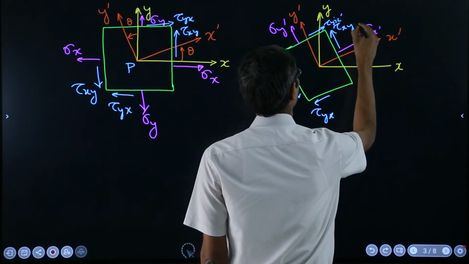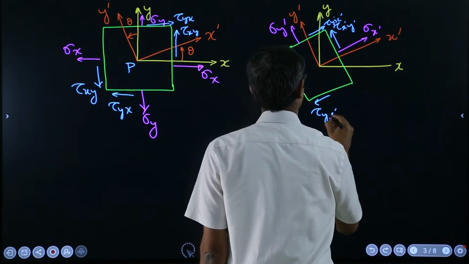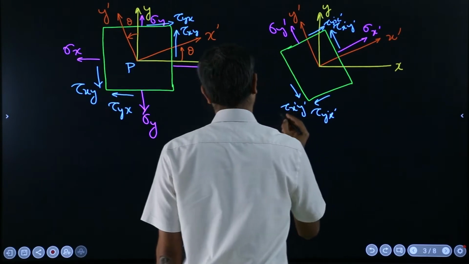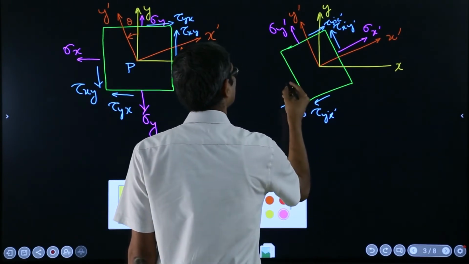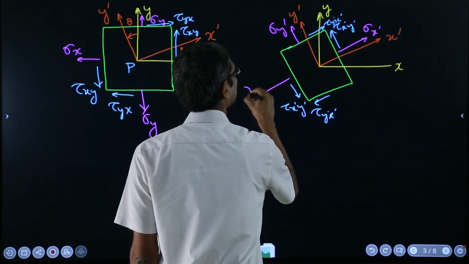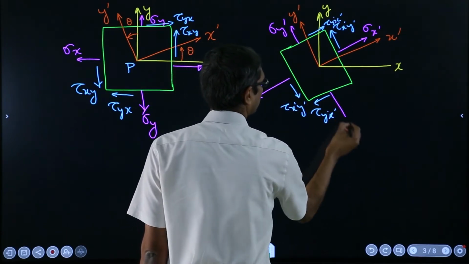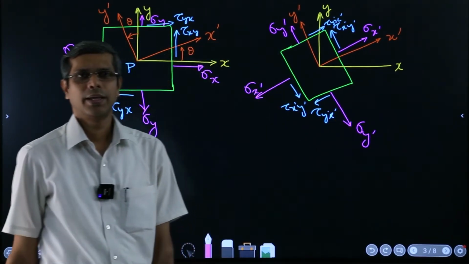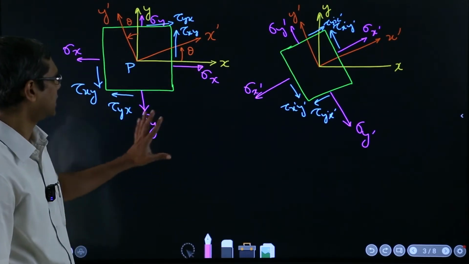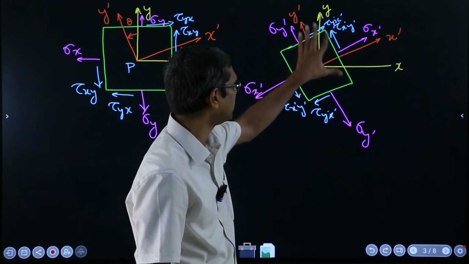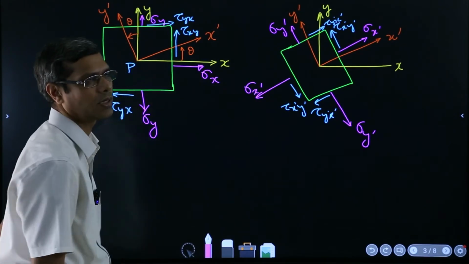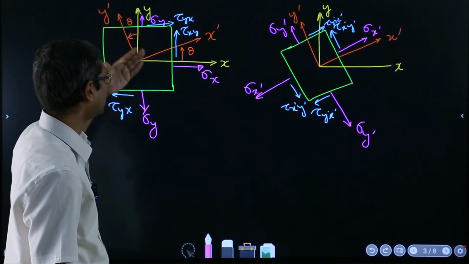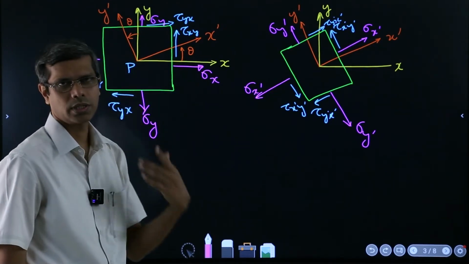So, these are primed, and similarly here it is sigma x primed, this is sigma y primed. Okay, so this is the element in the rotated position, and this is the element in the original position.